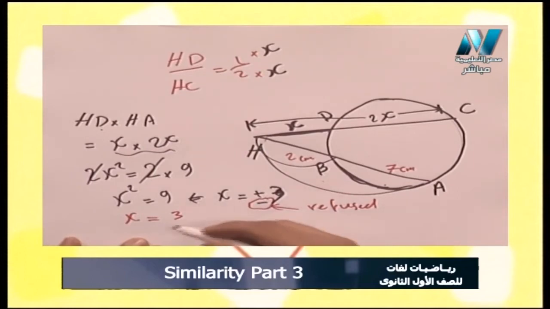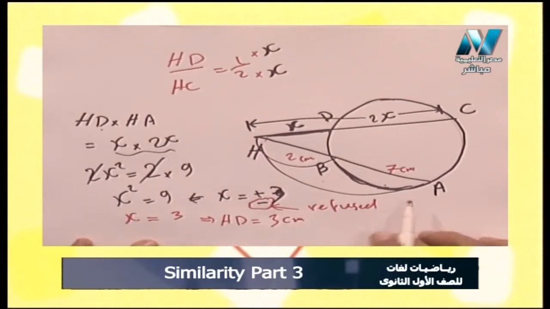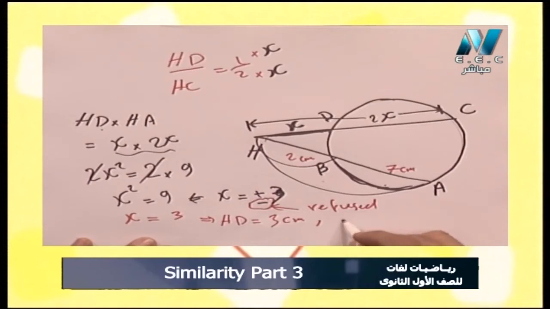So HD, which is x, equals 3 centimeters, and DC also equals 3 centimeters. Why?